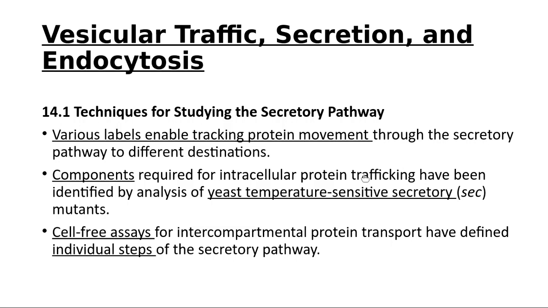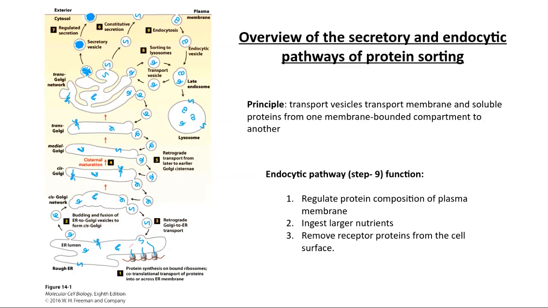So let's go to the general process. This is the general process we were talking about. This is an overview of the secretory and endocytic pathway of protein sorting. The secretory pathway involves the ER and then this network of Golgi.